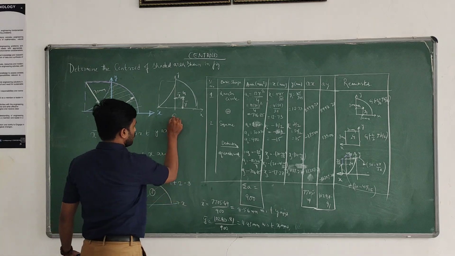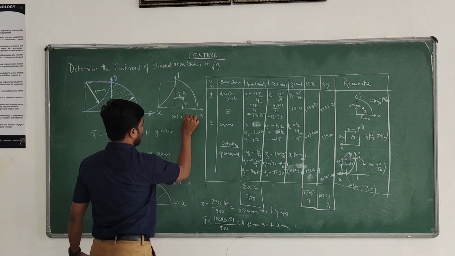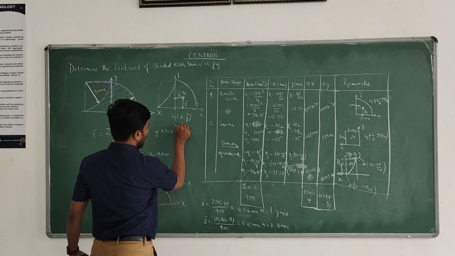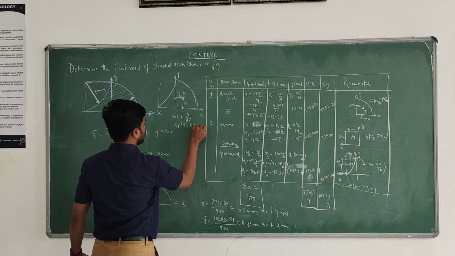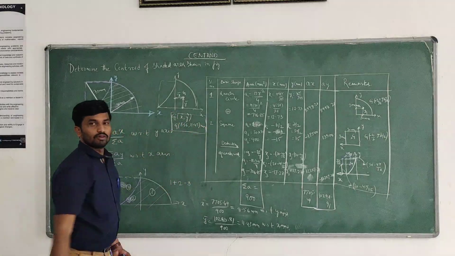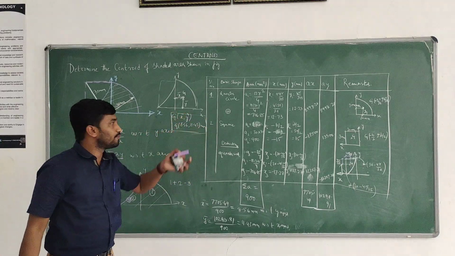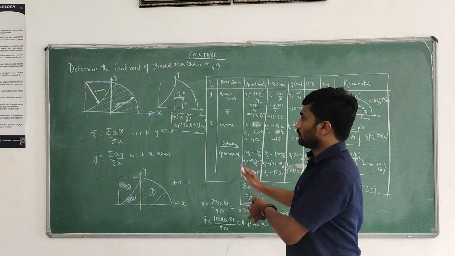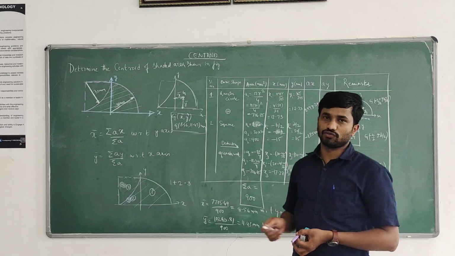So G of x bar comma y bar, which is G of 8.56 comma 11.43 mm. So this is a brief representation. So this concludes the numerical, a very important numerical in association with centroid.